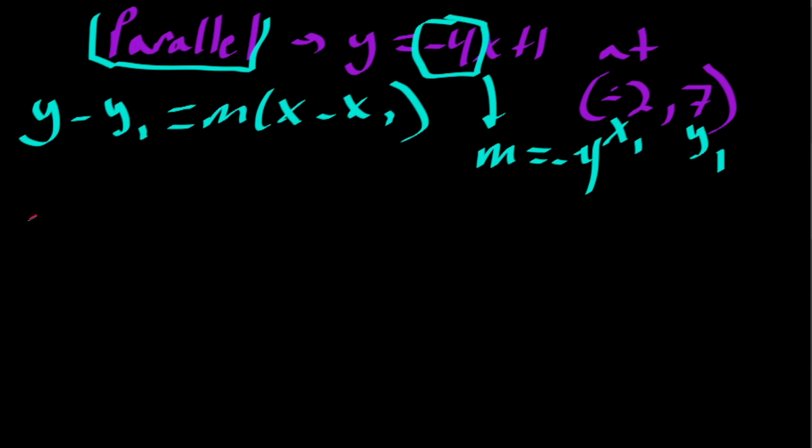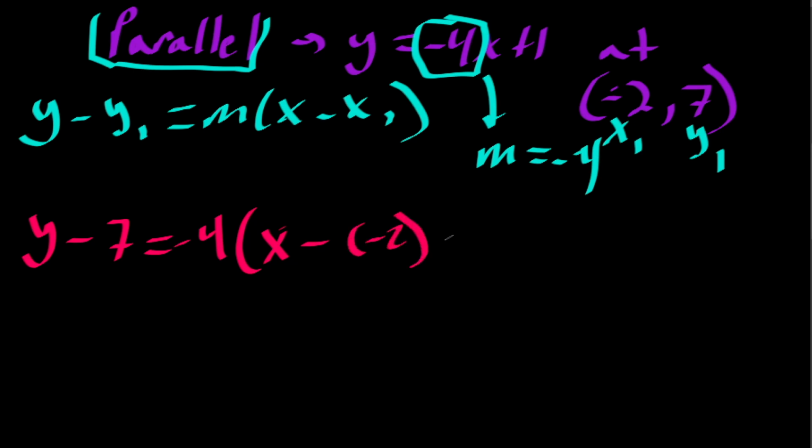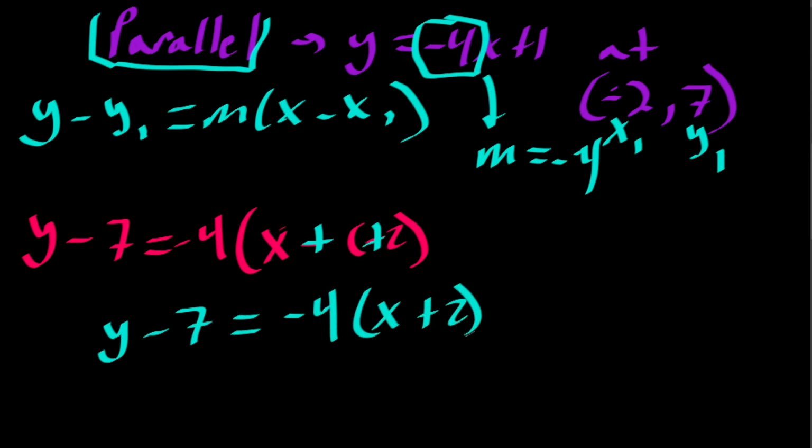Now we write y minus 7 equals negative 4 times x minus a negative 2. Minus a negative changes to plus, so y minus 7 equals negative 4 times x plus 2.